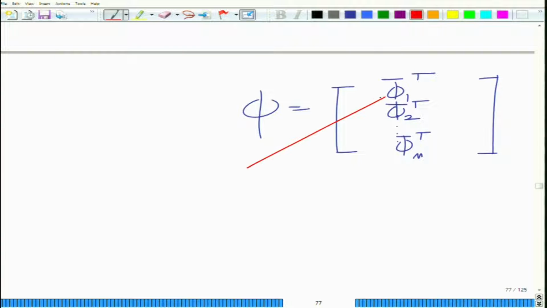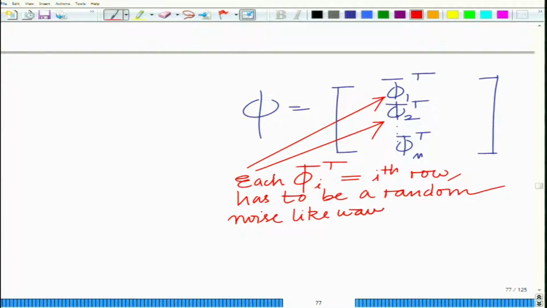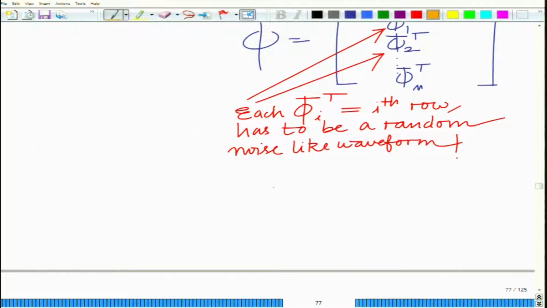So, each row of the sensing matrix, each phi i bar transpose, which is the ith row, has to be a random noise like waveform, which means that it has to be something very random. It has to look like a random or a pseudo random sequence.